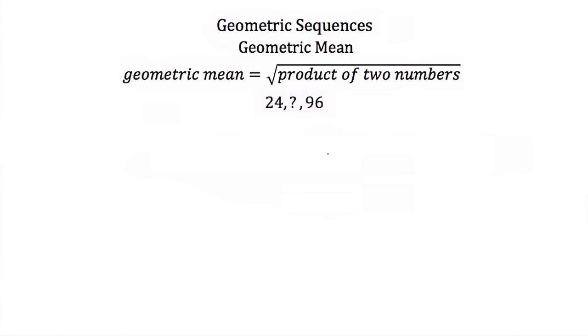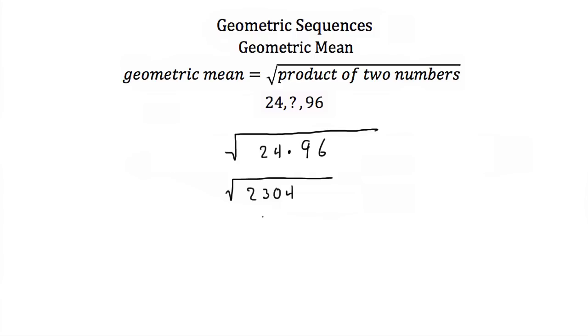So let's practice this again. Here we have 24, a missing term, and 96. Well, the geometric mean tells us that if we want to find this term, we take the terms that are on both sides of it, 24 and 96, and we multiply them together, and then we take the square root of that multiplication. Now 24 times 96 is 2,304.